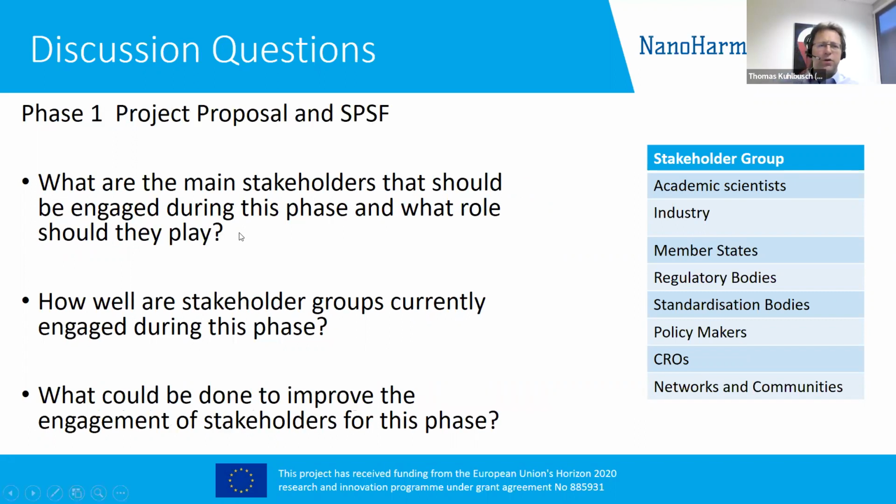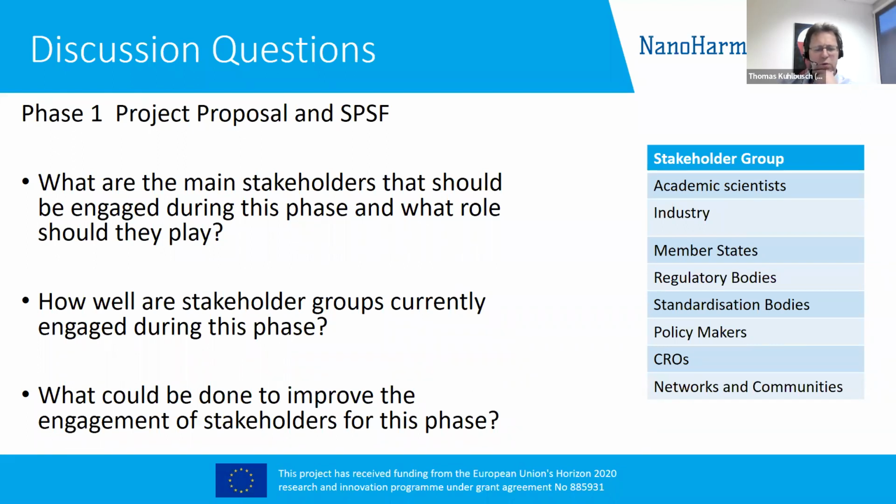Phase 0, project proposal and SPSF. That was already mentioned several times, that the SPSF is an important step. So when we come to this part of the project proposal and the SPSF phase, what are the main stakeholders that should be engaged during this phase? Is it still the same as we had before, or is it limited? So what do you think, who are the main stakeholders?